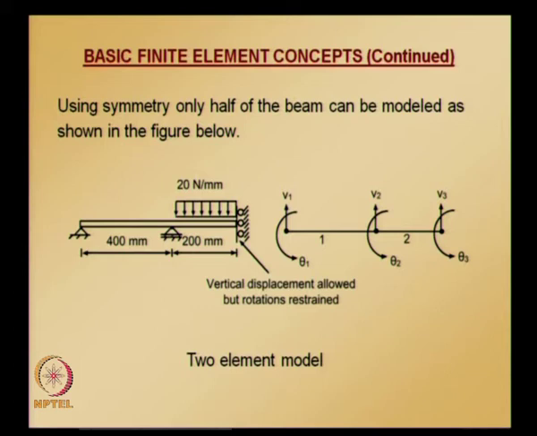The displacement restraints are shown here in the half model, and we already did a similar exercise for this kind of 3 span continuous beam earlier with a point load. The degrees of freedom of the first element are V1, theta 1, V2, theta 2, and of the second element are V2, theta 2, V3, theta 3.